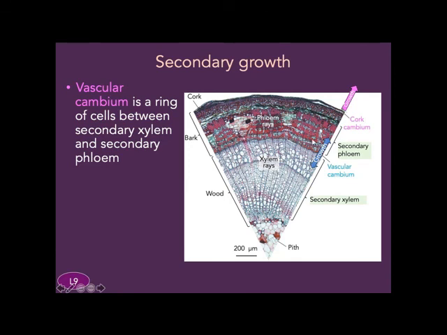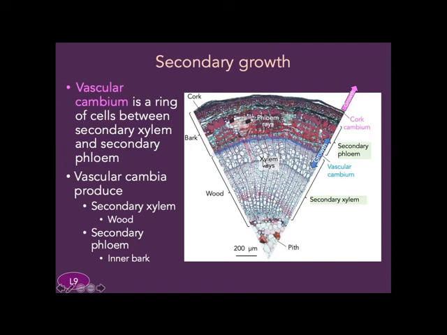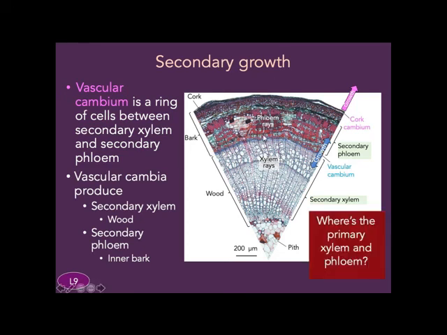There is the vascular cambium right here, and it's a ring of cells between the secondary xylem and the secondary phloem. So this bit here in red, these are rays of phloem here, and these are where the xylem is over here. So this is showing you the vascular cambium here.